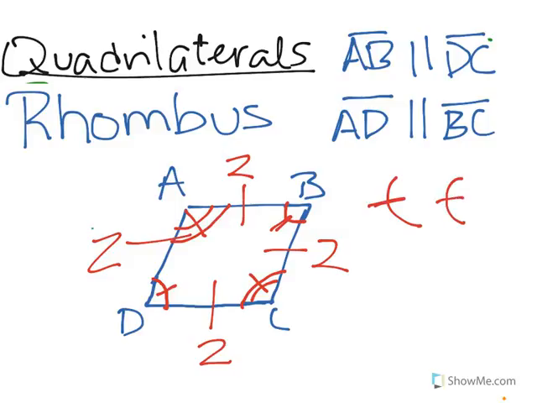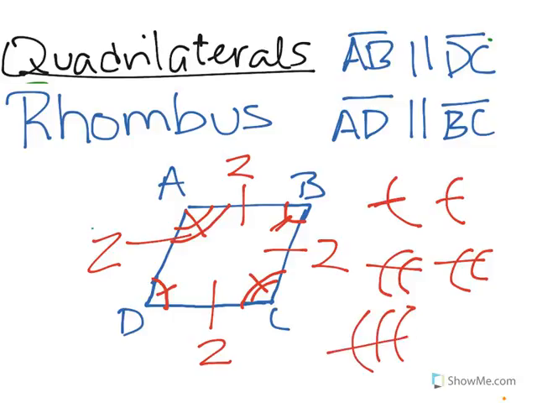If it has 2, those 2 go together. If I put 3, then those 3 go together. That's what those symbols mean. The angles are congruent.